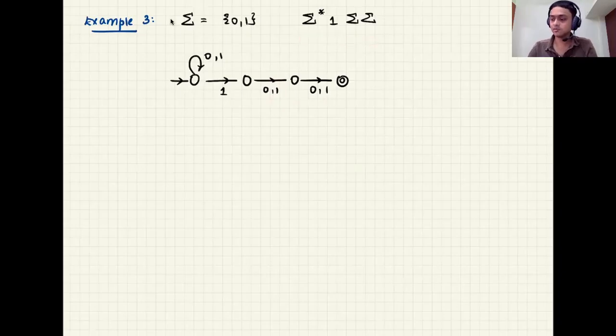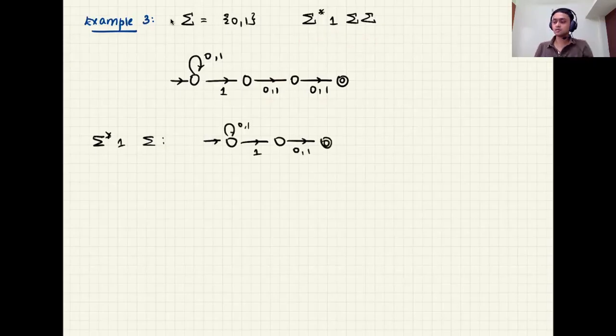Now, what is the NFA for the other one, sigma star 1 sigma? Let's just look at an example. Take the string 0, 1, 0.